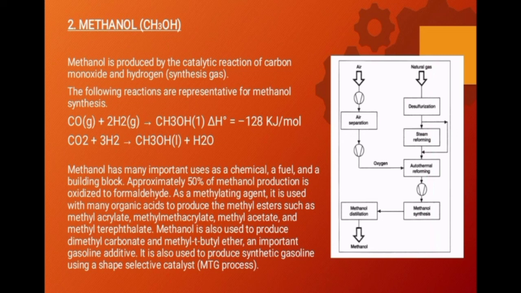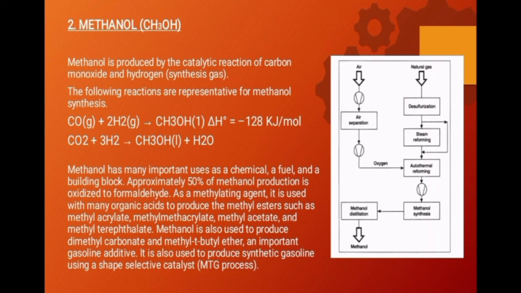Methanol is also used to produce dimethyl carbonate and methyl tert-butyl ether, an important gasoline additive. It is also used to produce synthetic gasoline using a selective catalyst, or the MTG process.